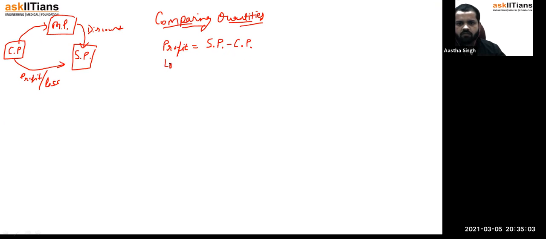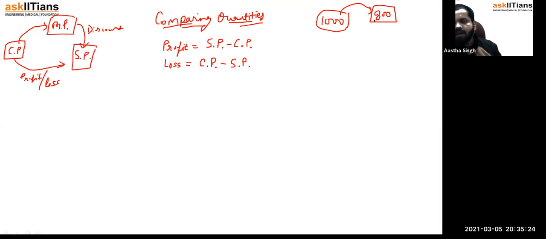What is loss? Loss is basically cost price minus selling price. Suppose you have bought an item for 1,000 rupees and sold it for 800 rupees. It means you have a loss of 200 rupees.